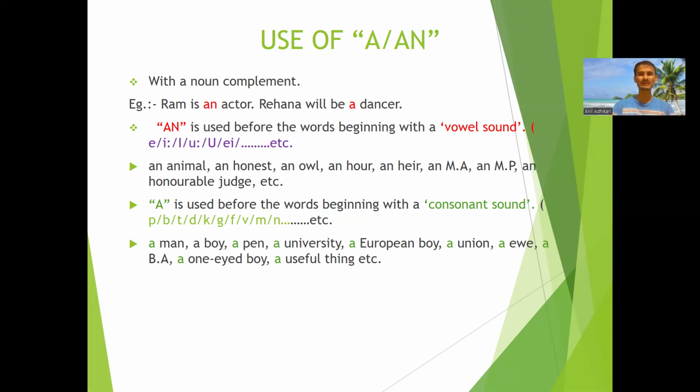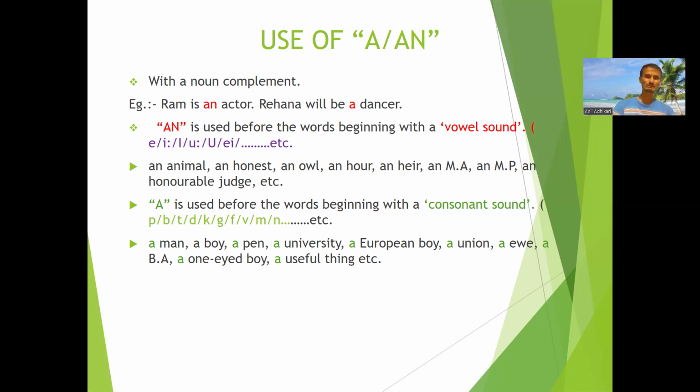An MP, an honorable judge, etc. Pronounce abbreviations correctly. Sometimes students pronounce them wrongly. That's not good. Pronounce H, L, M, N properly this way. Then only you are on the right path.